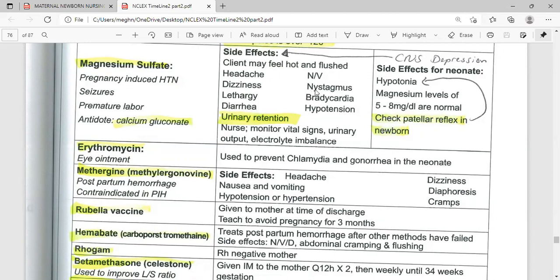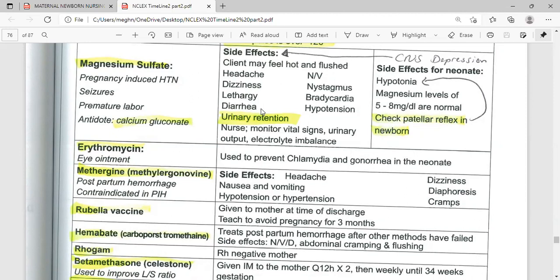Sometimes nystagmus, bradycardia, and hypotension. The most common side effects are nausea, vomiting, and flushing. And as I told you, some patients complain of feeling drowsiness, confusion, and loss of tendon reflex.